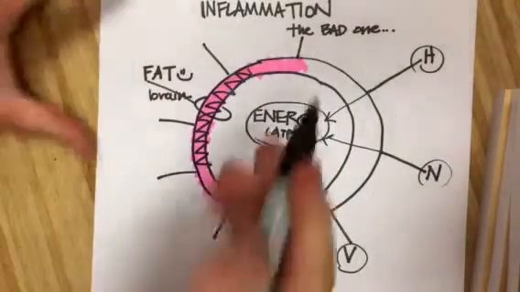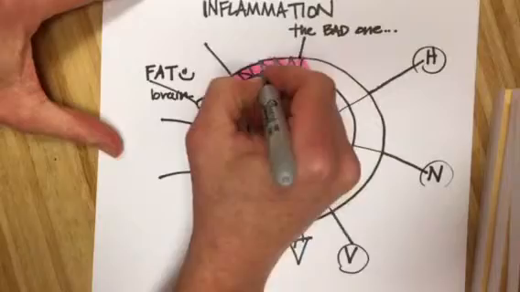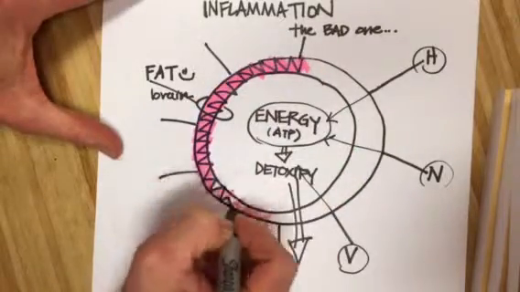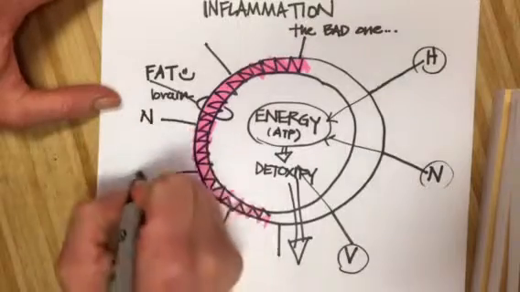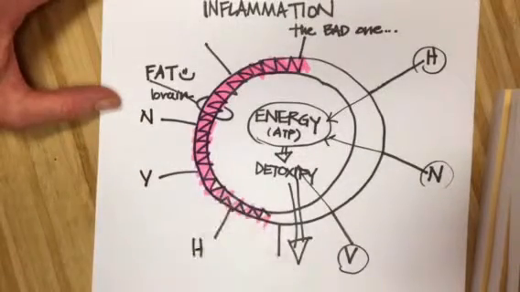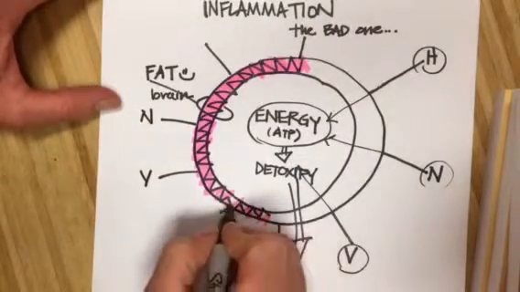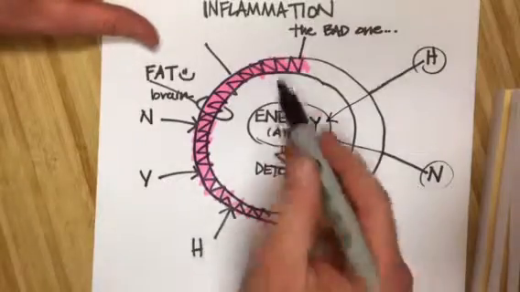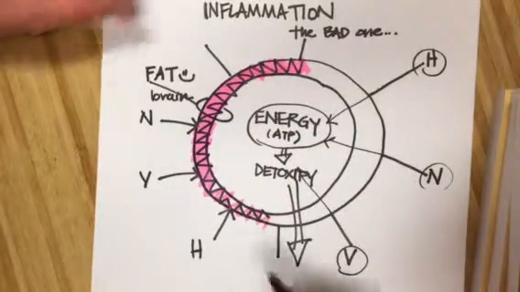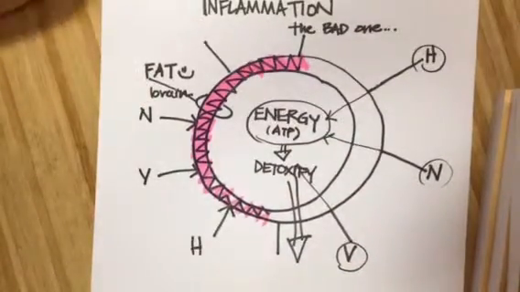That is when the outer membranes of our cells literally suffocate so that all of our good nutrients, vitamins, and hormones cannot enter our cells. Okay? When cellular inflammation happens, these good guys cannot get in.